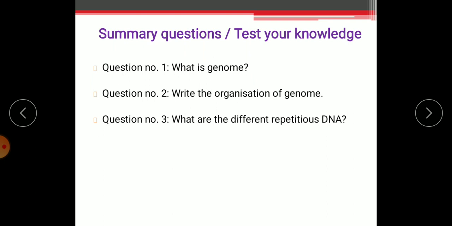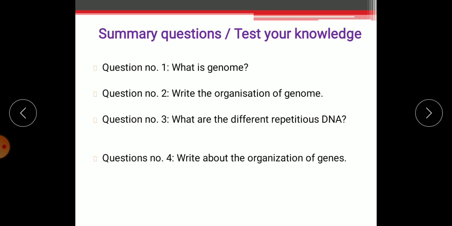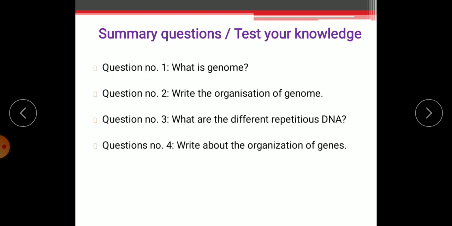You have to know these very well so that in the next classes you will understand the detailed process. Next, write about the organization of genes: solitary genes, duplicated genes, pseudogenes, satellite DNA. You also have to remember these terminologies. And the last one is, describe the transposon with its types.